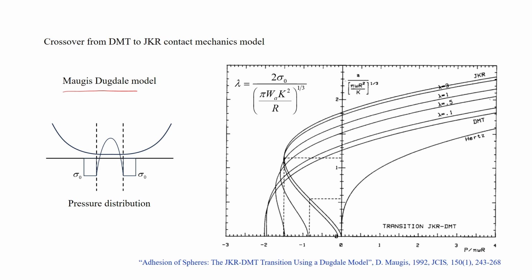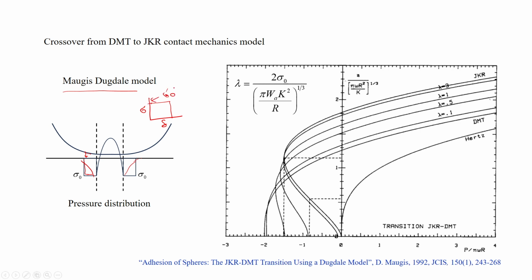I will just briefly go through it, and then I will discuss it in more detail in the next lecture. In this Maugis-Dugdale model, what he said is that of course there is an attractive force in this region, outside the contact area, and he approximated this attractive force as a constant with respect to the gap between them. So, with respect to the gap, this attractive force remains constant. This is delta, let us say the gap, and this is sigma, the attractive force between them. It remains at sigma 0, constant.